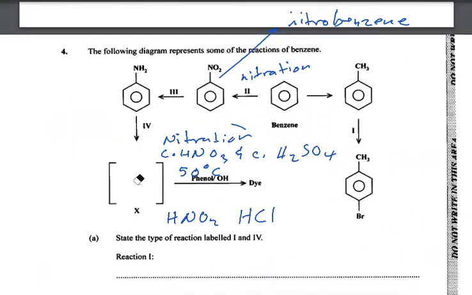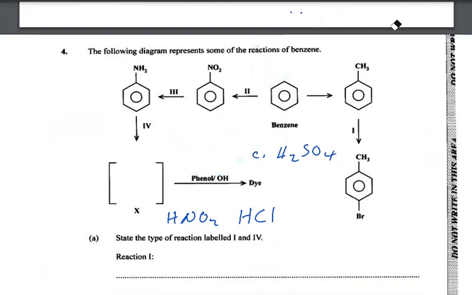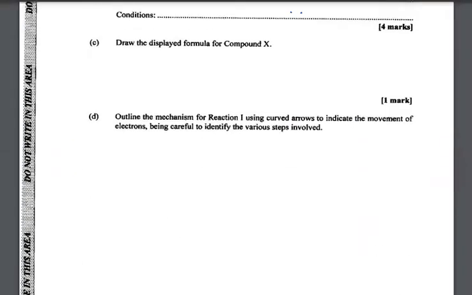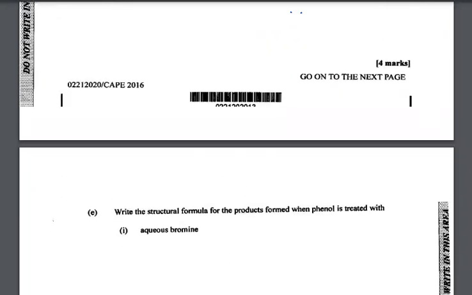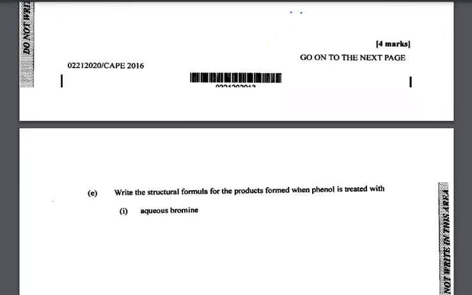Oh, in this one, so X would be the diazonium salt that we drew. So X is the salt. We won't do the mechanisms as yet. We're just doing the reaction schemes.